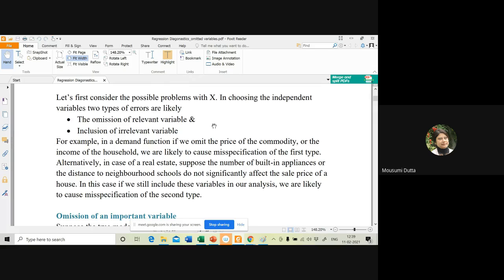From yesterday's discussion, I understood many of you did these things. However, maybe the understanding is not that clear, so you have to go through and clear everything, and understand the issues related to omitted variables and the inclusion of irrelevant variables.